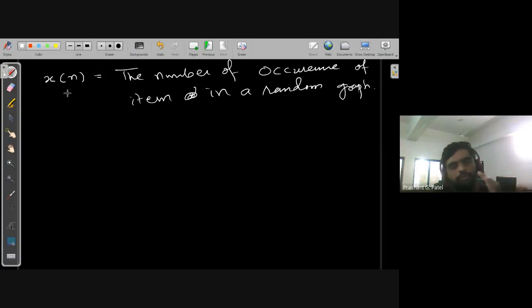Whatever property you are discussing, for example isolated vertices, then this item is the isolated vertices. Suppose you are discussing having diameter 2, then this item will be the diameter. In that manner, we need to see.